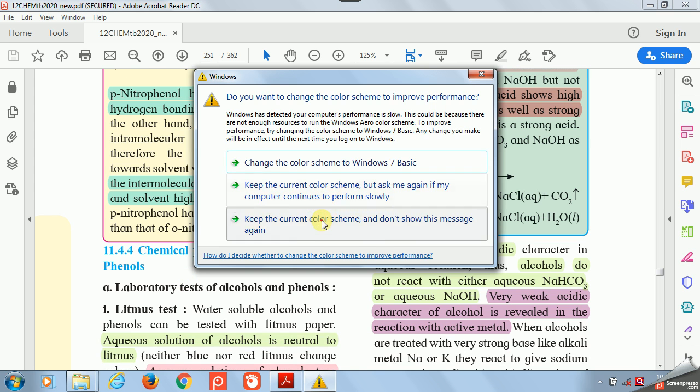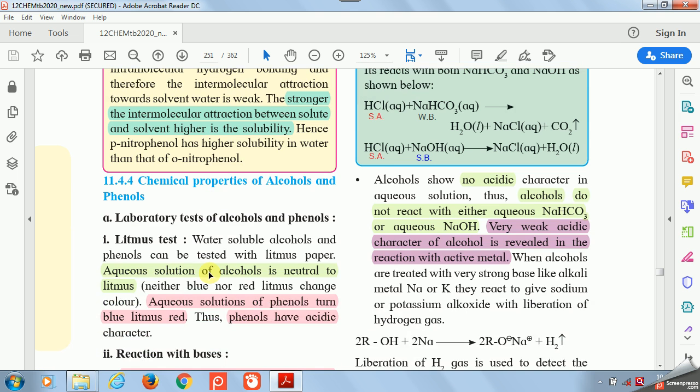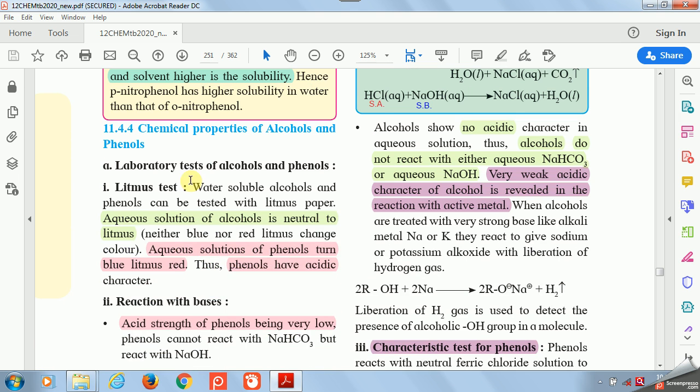Next point is the chemical properties of alcohols and phenols. Let us see the first laboratory test of alcohols and phenols. The first test is the litmus test. All are familiar with litmus. There are two types of litmus, blue litmus and red litmus.